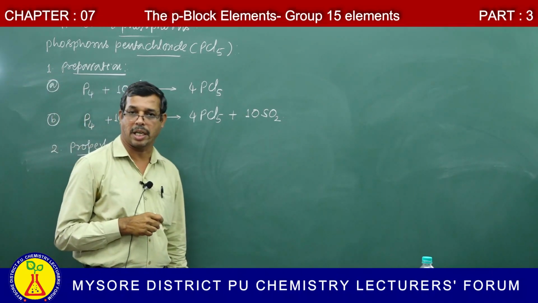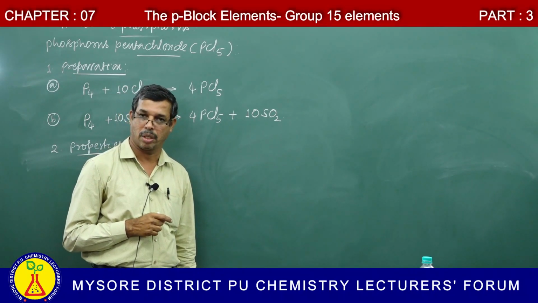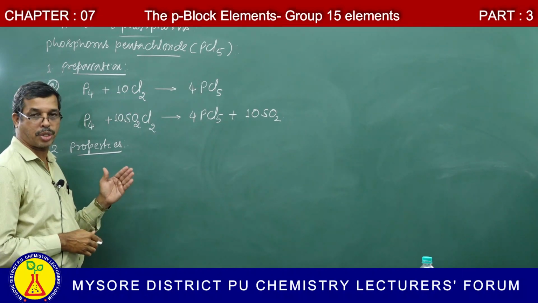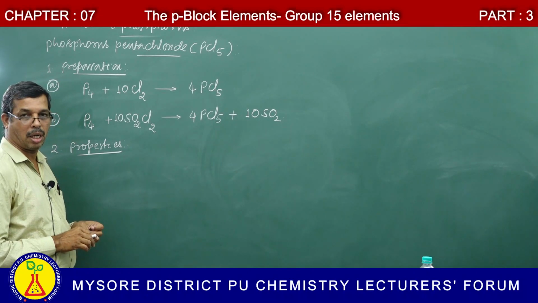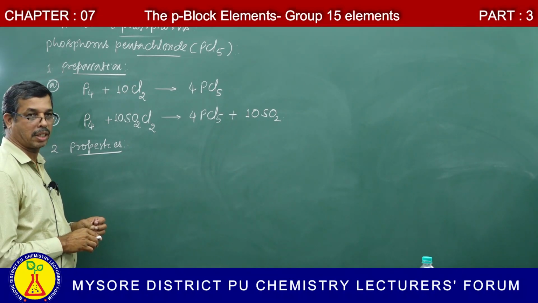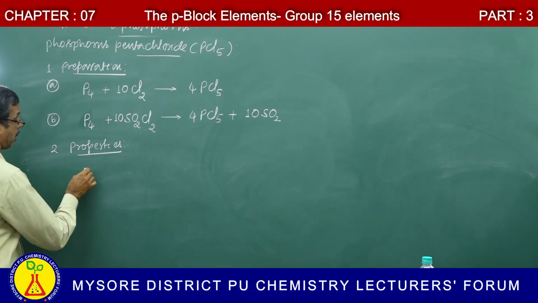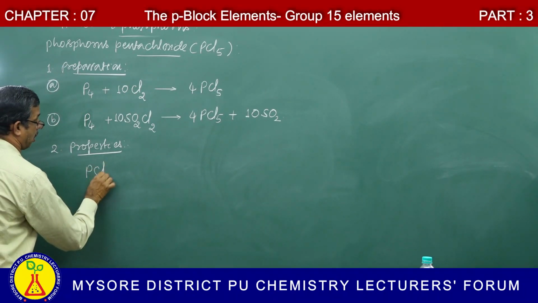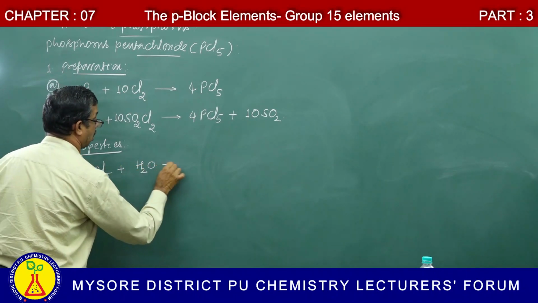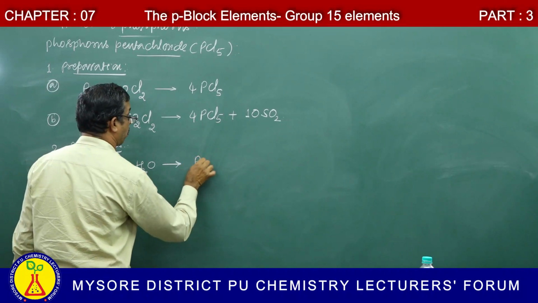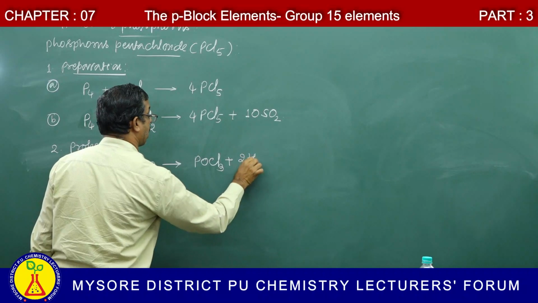PCl5 is a yellowish white powder. In moist air, it hydrolyzes to give POCl3 and finally gets converted into phosphoric acid. Look here. So, PCl5 combines with water and gives POCl3 plus 2 HCl.